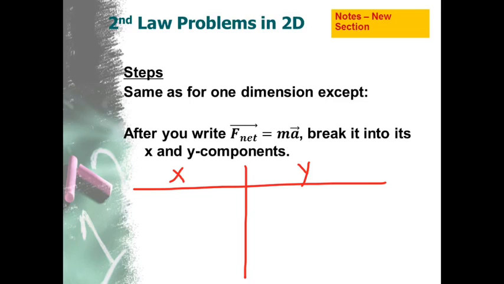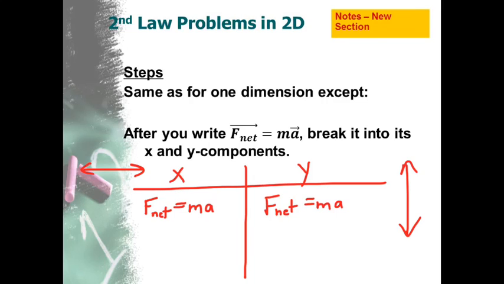You're going to have an F net equals MA for forces that are horizontal, and a separate F net equals MA for forces in the vertical direction. That's the only difference between 2 dimensions and 1 dimension.